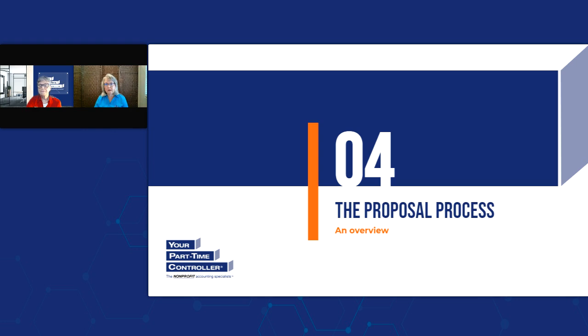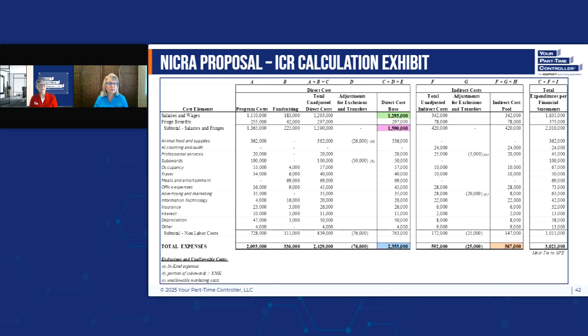Okay. And next we will cover the proposal process. First up is the NICRA calculation exhibit that will be submitted with a proposal. This is a typical proposal template. The template may vary slightly by cognizant agency, but keep in mind the math is always the same.